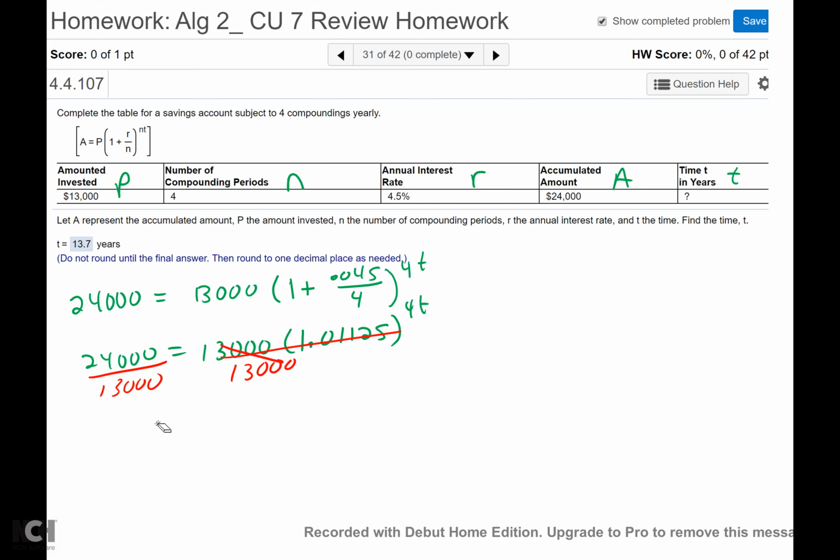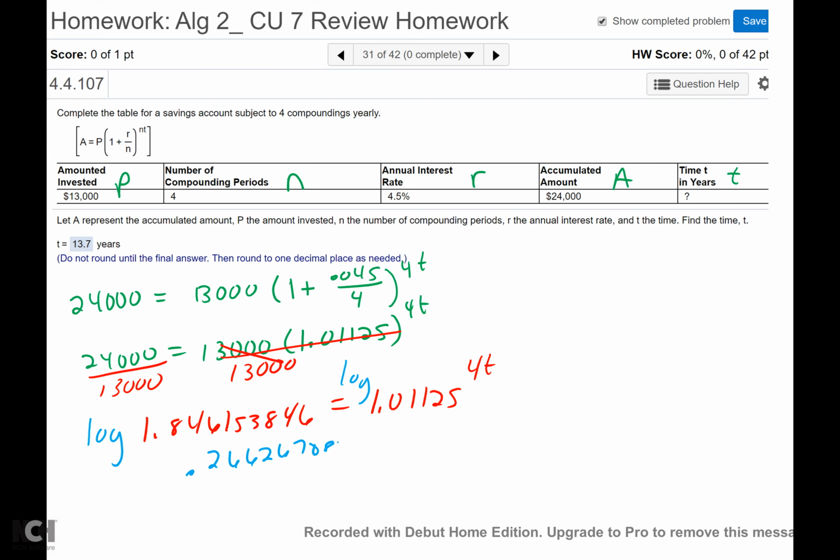There you go. 1.846153846 equals 1.01125 to the 4t. Alright, so if I want to get it out of the air, you can either log both sides or ln both sides. I'm going to log just because I'm tired of ln'ing. So if I log that answer, I get 0.26626788894.